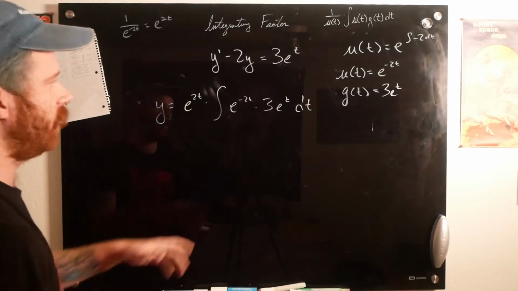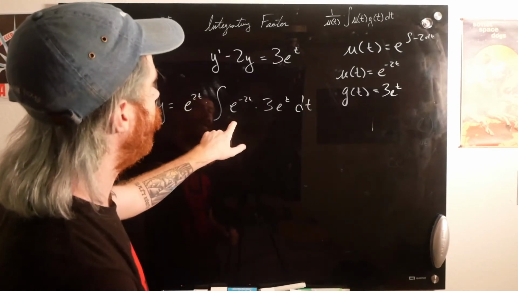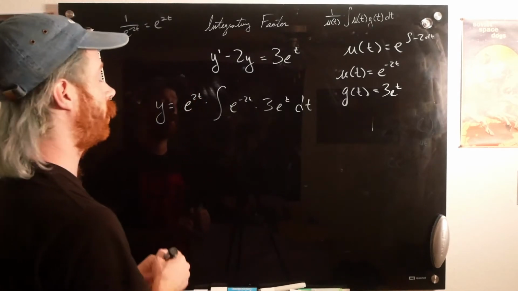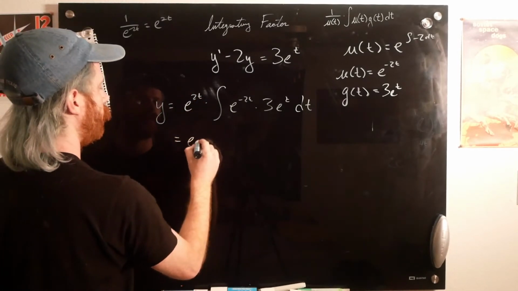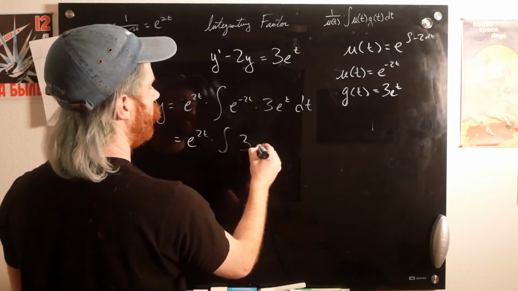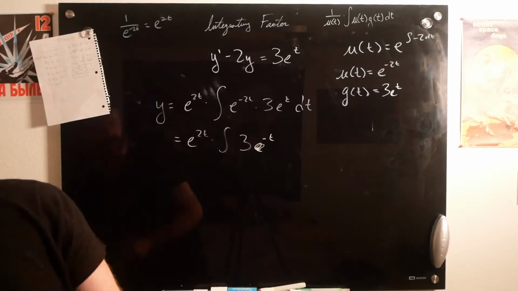And these are the same terms, so we can combine them. E to the -2t times e to the t, that's going to give us 3e to the -t. So e to the 2t times the integral of 3 times e to the -t. Some sloppy handwriting today.